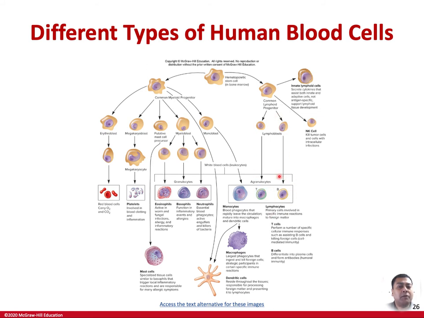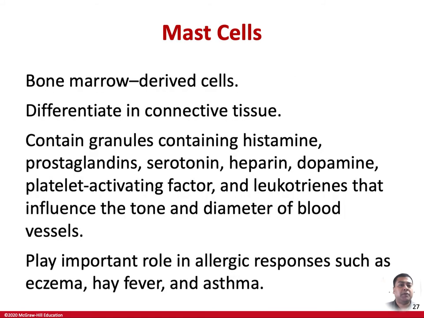We're going to talk about the T cells and the B cells mainly in adaptive immunity, which is the next chapter. Along with the T cells and the B cells, the common lymphoid progenitor can give rise to the innate lymphoid cells or ILCs, and also the natural killer cells. We are going to talk about the ILCs and the NK cells in this chapter, but we're going to talk about the T cells and the B cells mainly in the next chapter.